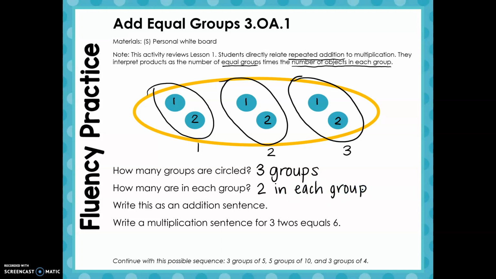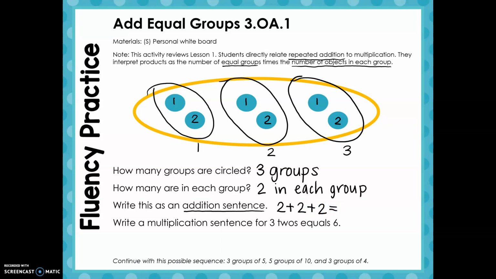Now, how would we write this as an addition sentence? Think back to when we learned about repeated addition and think about the word repeated, meaning the number will repeat itself a certain number of times. If we have 2 in each group, we know we're going to be adding 2. And we know there's 3 groups, so we're going to add 2 three times.